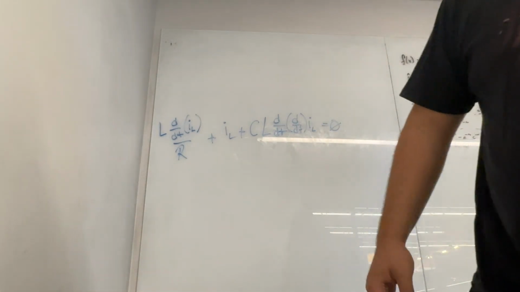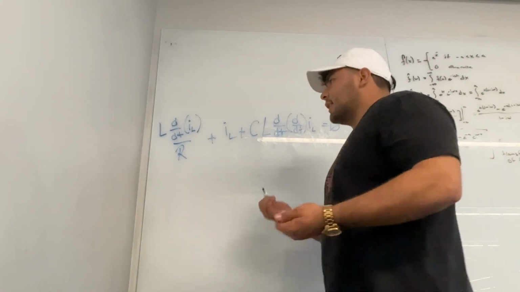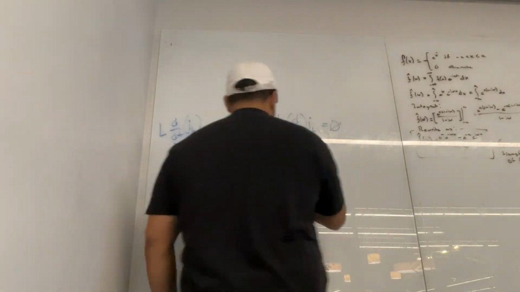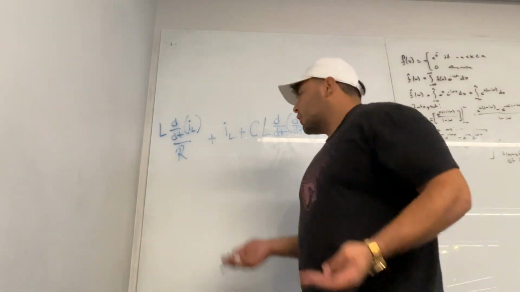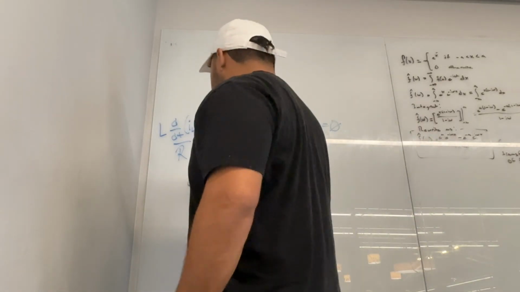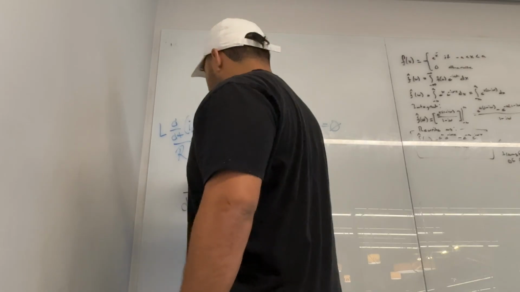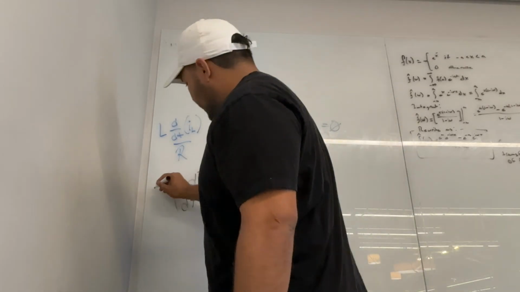You might start to say, okay, now I'm starting to see what's going to happen here. And if you don't, that's all right. It's not an intuitive thing. So now, what happens when you multiply a derivative by a derivative? You get a second order derivative. So let's go d squared over dt squared, and the coefficient of that is going to be LC.